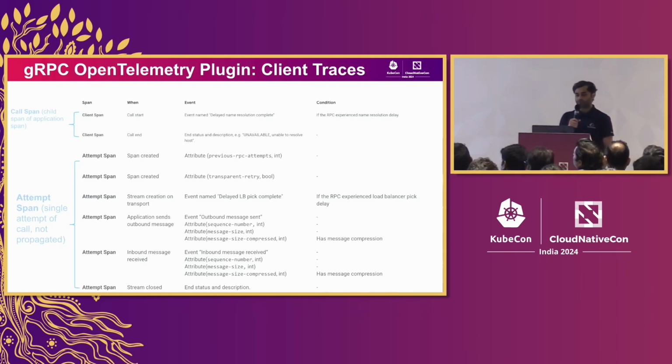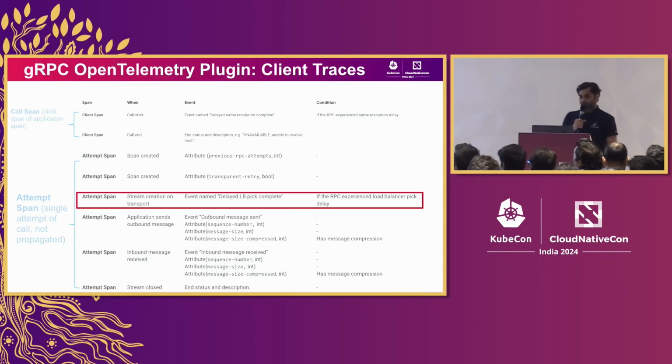This allows you to target optimization and troubleshooting of your gRPC applications. And the attempt span doesn't get propagated to the next service, because attempt spans are internal to that particular client which is making the call and don't directly relate to the server side processing.